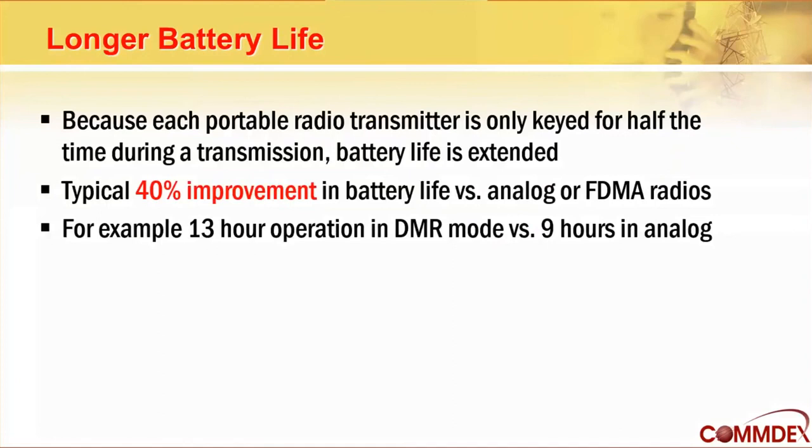And so it's typical to see a 40% improvement in battery life relative to FDMA radios. And as a one-for-one comparison, the same type of battery that will support 9 hours in analog will actually take you to 13 hours in DMR.